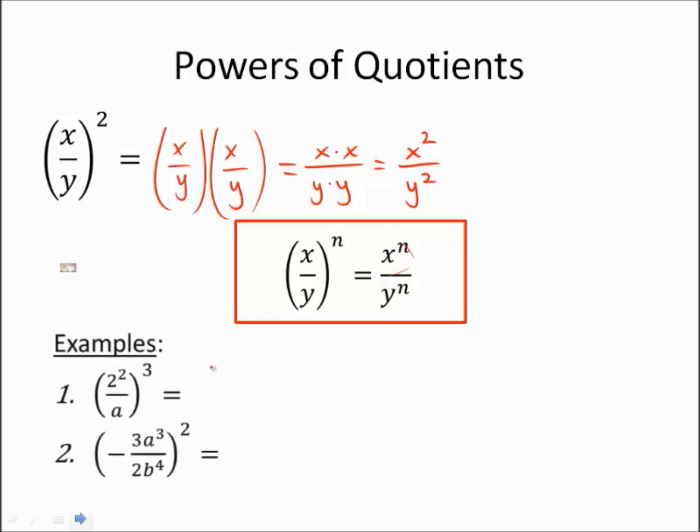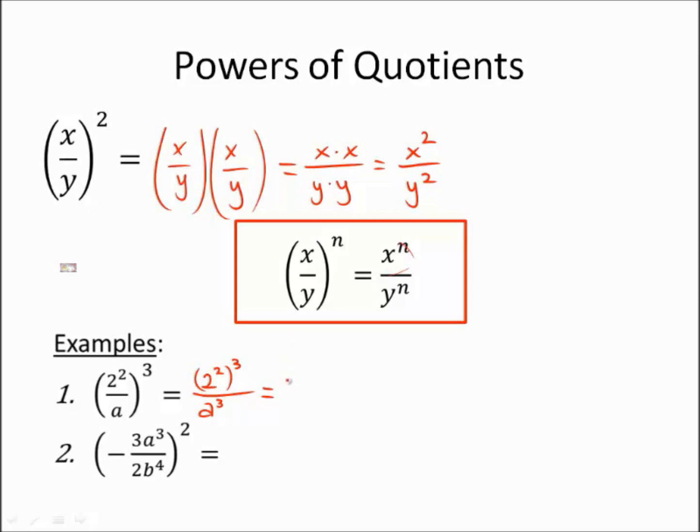Some examples of that would be taking the following: 2 squared over a and cubing it. Well, really, you could write out 2 squared over a times itself 3 times, but you would see that 2 squared would be multiplied by itself 3 times, and a would be multiplied by itself 3 times as well. So we might as well use exponents to notate it a little more efficiently.